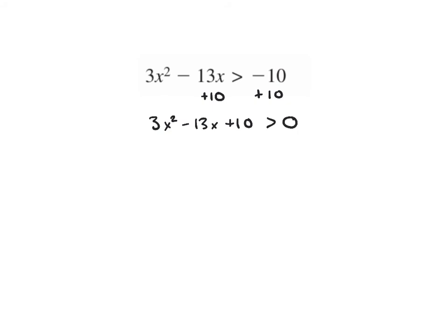What do we do next? Make it equal to 0. And then we need to find the zeros. So what do we do when our first number out front is not 1? Multiply it to the 10, yes, we multiply our first and last terms together. So 30. Do we have two factors of 30 that add to negative 13?